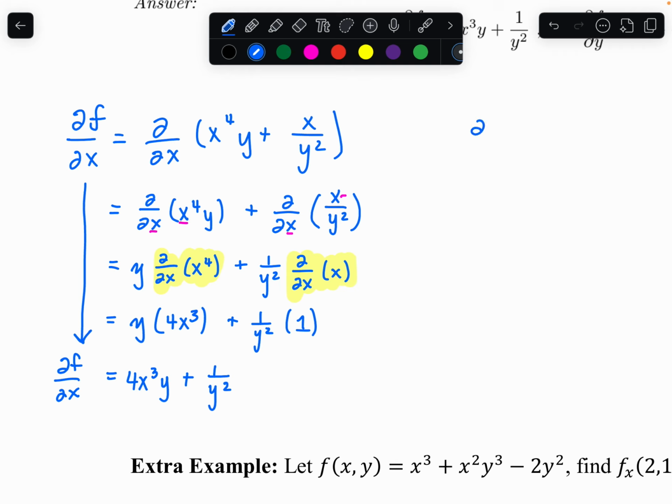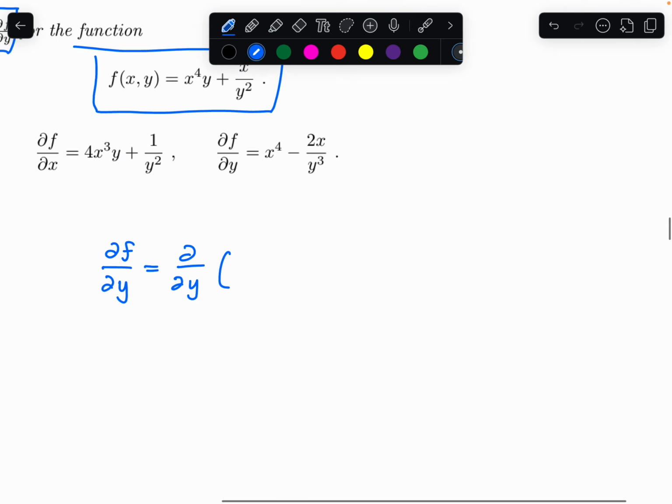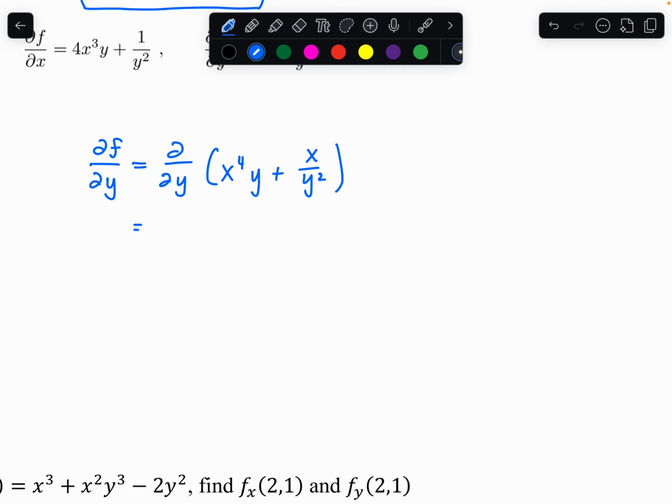This is the partial derivative of f with respect to y. Remember, those aren't 2's, they're weird d's. And my function was x to the 4th y plus x over y squared. I'm going to be very thorough in my steps. Feel free to skip what you'd like at this point. All right, I'm going to take the partial with respect to y of each term.